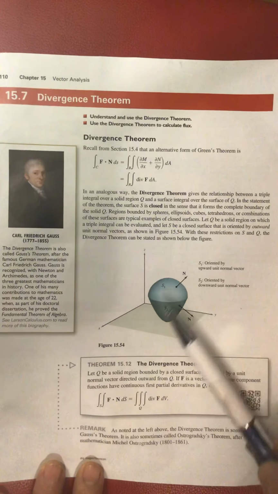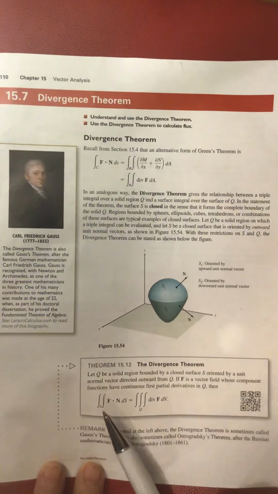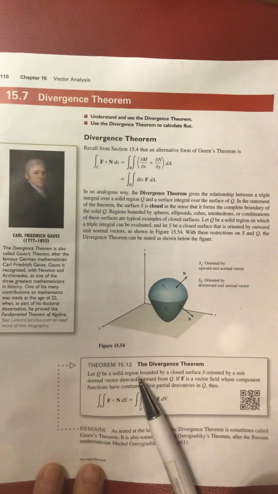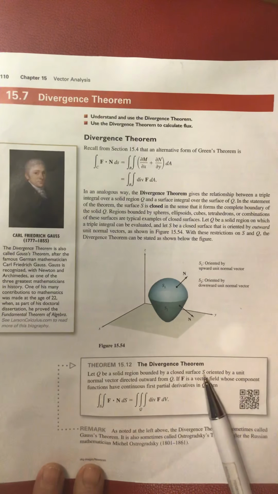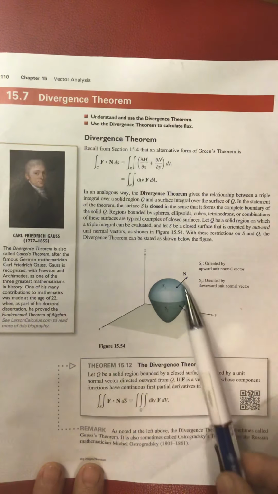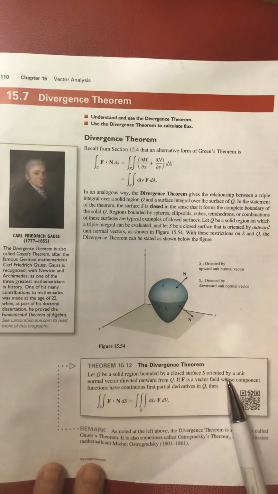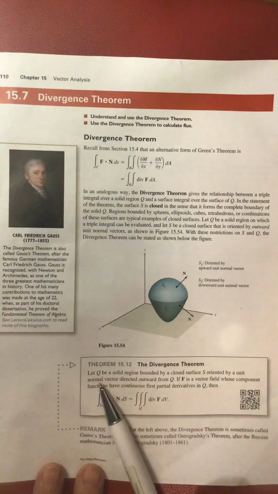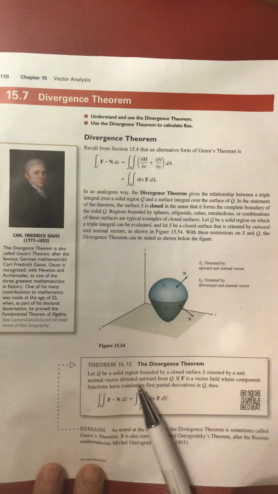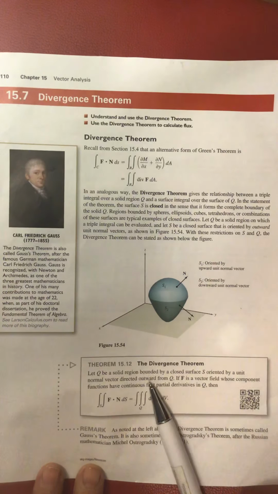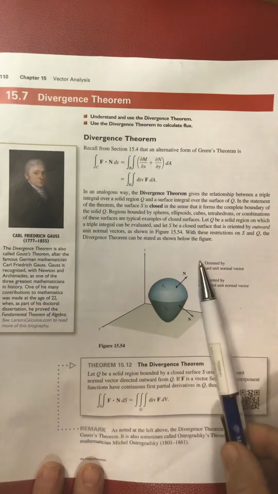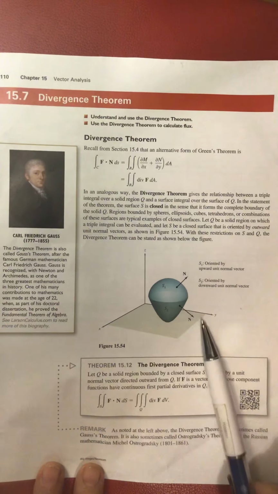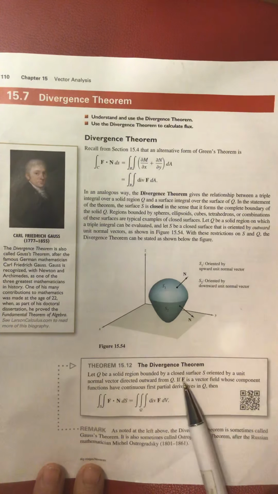Well, now we have the divergence theorem that says that we have a solid region bounded by a closed surface, oriented by a unit normal vector directed outward, so coming out.